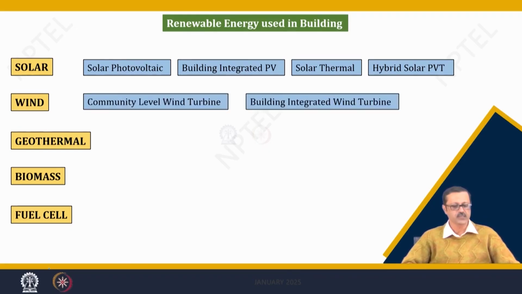In the case of wind also, we can have two different levels of energy generation from the wind. One is the community level wind turbine and another may be the building integrated wind turbines.